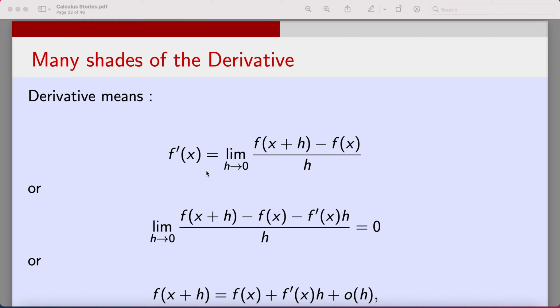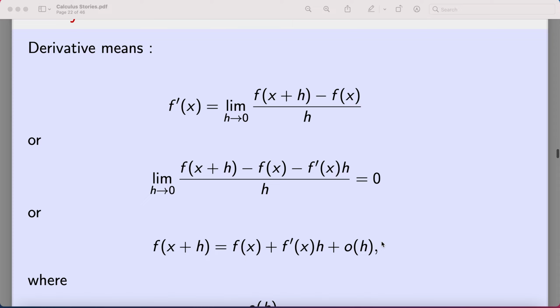H is varying. So I can bring the f dash x to this side, and a little manipulation will show that I can write this limit minus f dash x equal to 0 as the following, because I can just multiply h with f dash x and club the whole thing together, and I will have this. Mathematically, this means here h is going to 0 and this ratio is also going to 0.